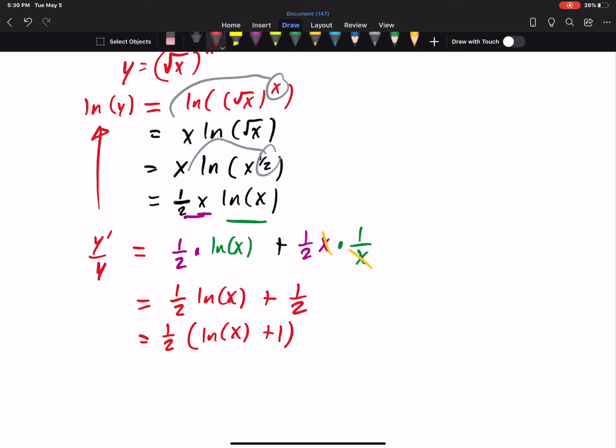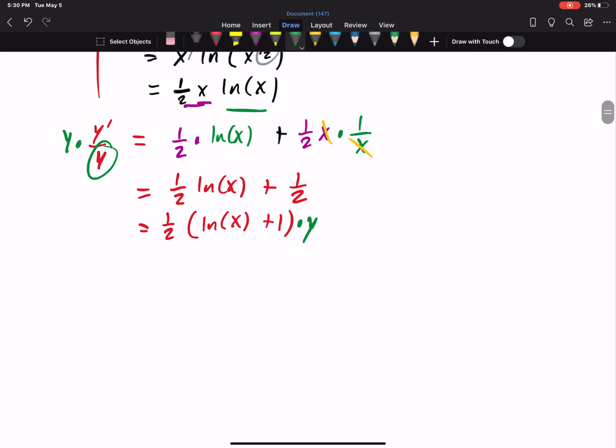All right, now the final step, well, second final step, we're going to multiply both sides by y. All right, so rewriting, we have y prime is equal to 1/2 times the natural log of x plus 1 times y. What's that equal to?